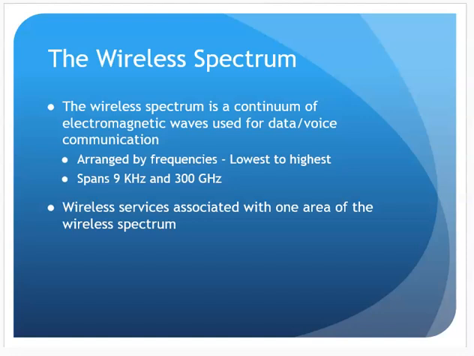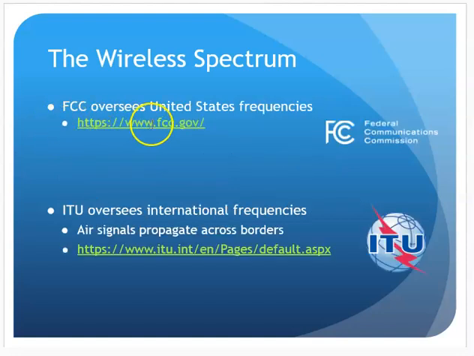And because it is a finite resource, there are only so many frequencies. In the United States, the FCC oversees who's using what frequency where for what purpose. You don't want to have two radio stations in the same town broadcasting on the same frequency. You don't want to have two different devices in your house broadcasting on the identical frequency and conflicting with each other. So all this has to be doled out and planned.